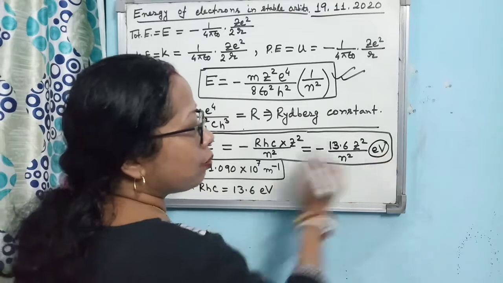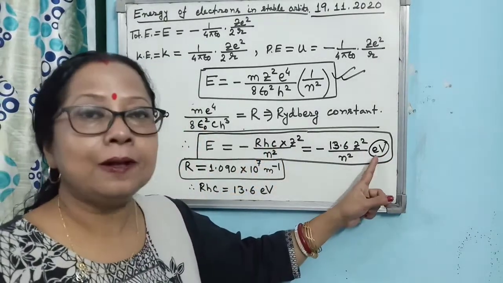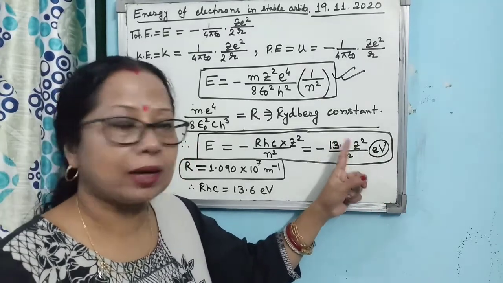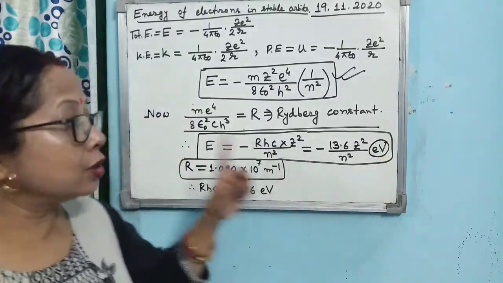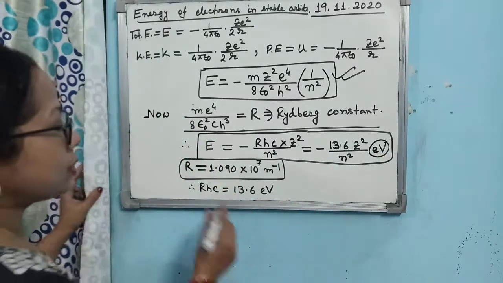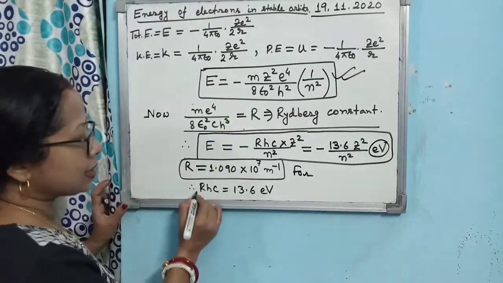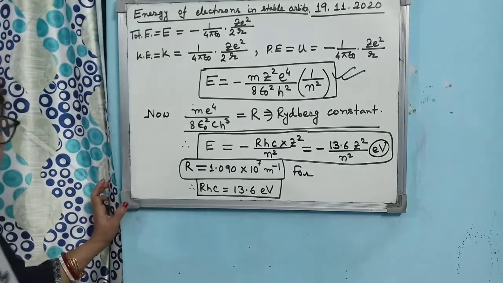electron volt, this is the most important part. When you are substituting R h c, then this value 13.6, which is the easiest one to remember, it is in electron volt, not in joule. So you must remember it. So for hydrogen atom, R h c, that is R into h into c, is 13.6 electron volt.